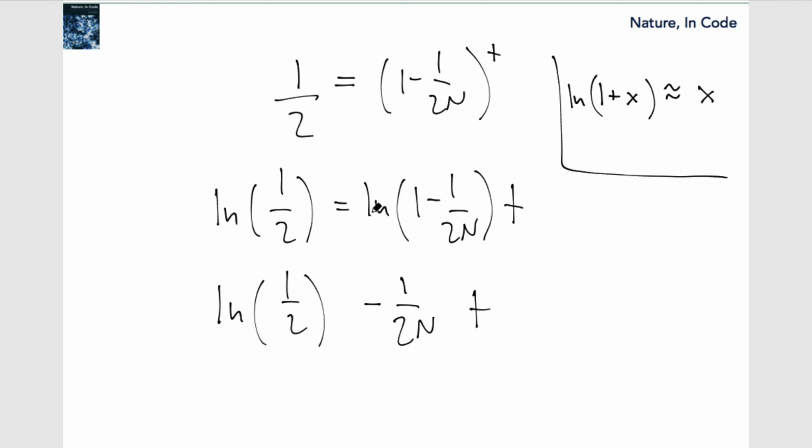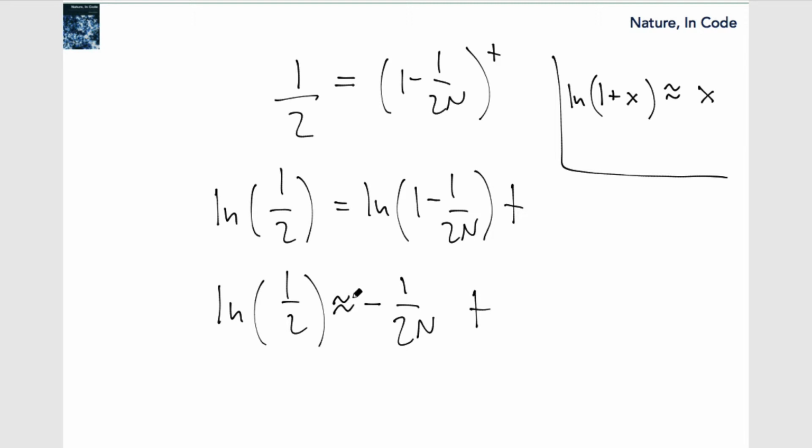So I just replace this ln(1 minus 1 over 2N) with minus 1 over 2N. In this case, this is the x, and so I can just write x instead of this whole term here. And I just have to be careful to make sure we're now in the world of approximations.